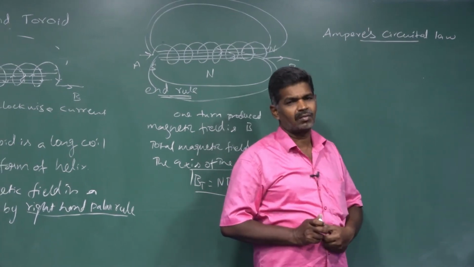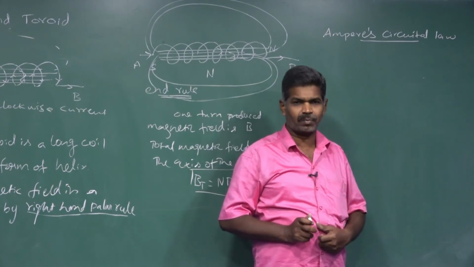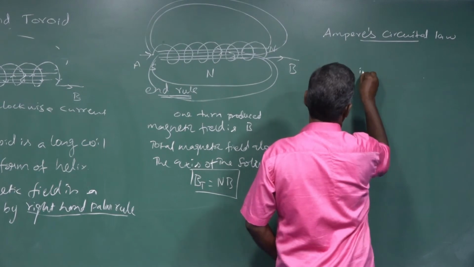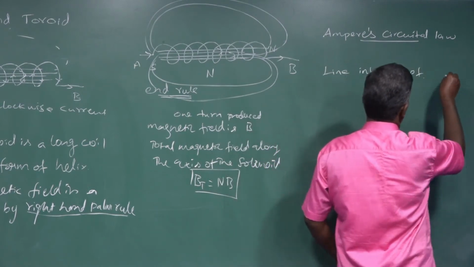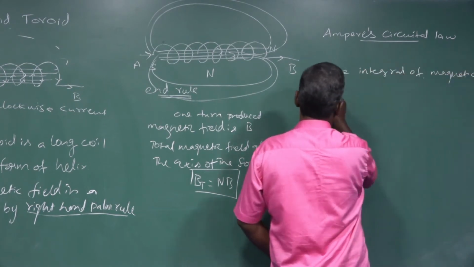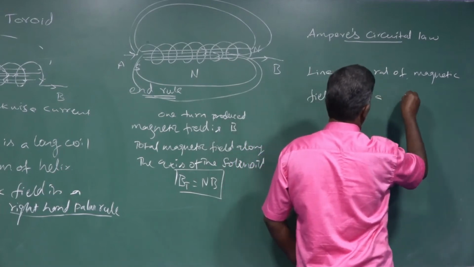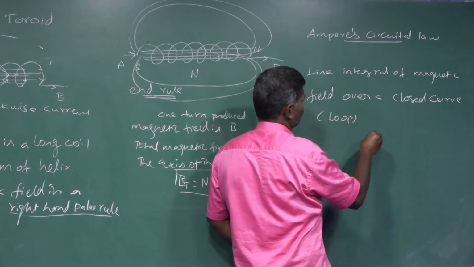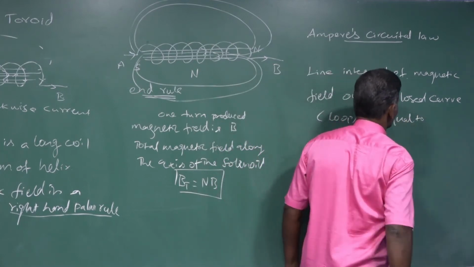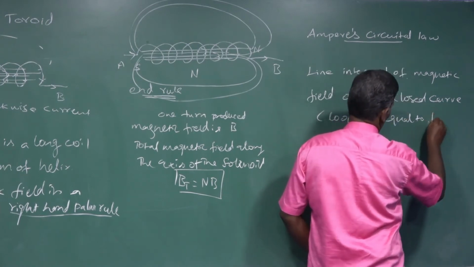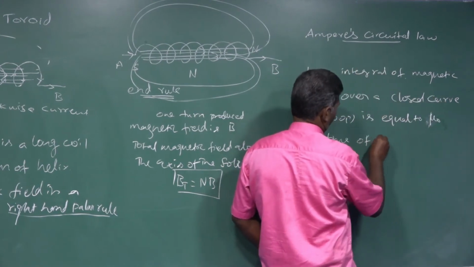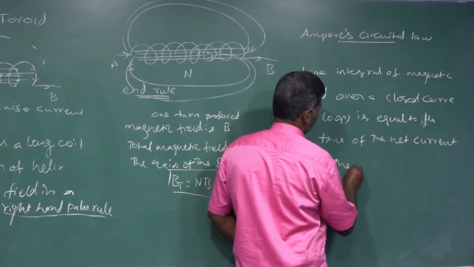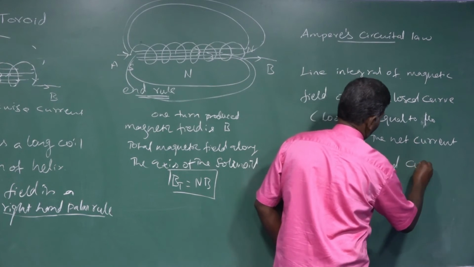What is Ampere's Circuital Law? It says that the line integral of the magnetic field over a closed curve or loop is equal to mu naught times the net current in that closed curve or loop.